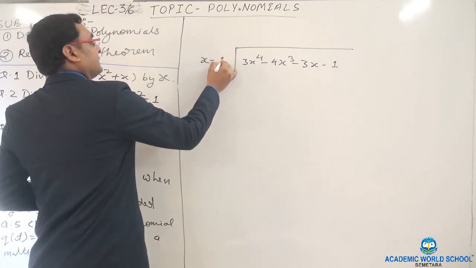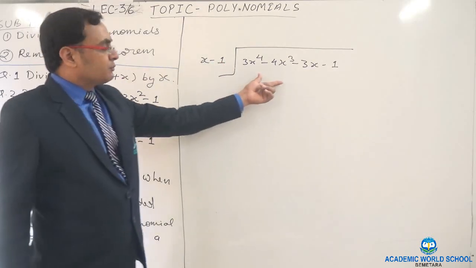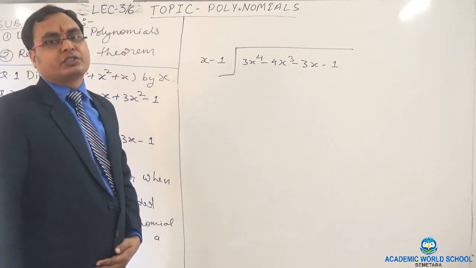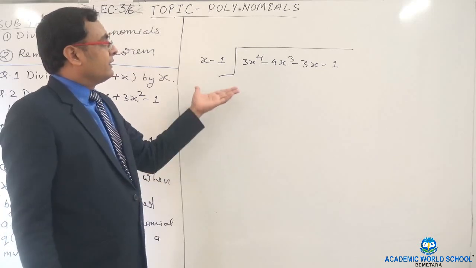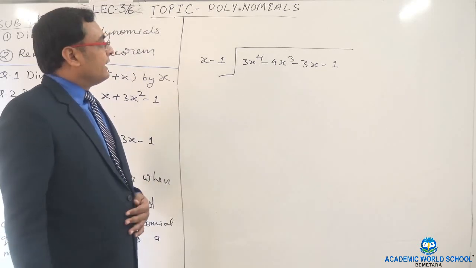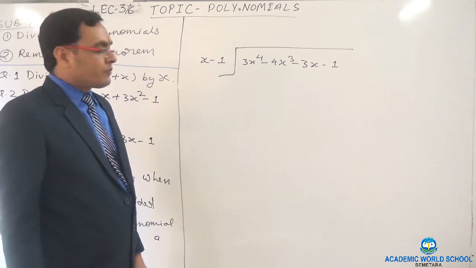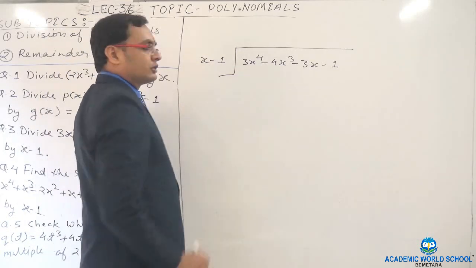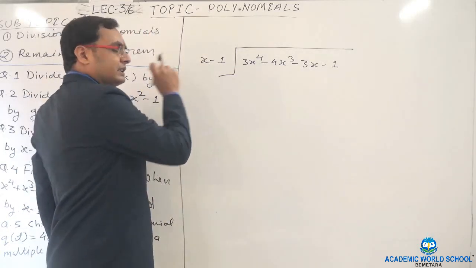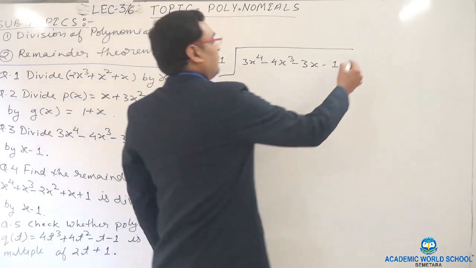Look at here, both these polynomials are already in standard form, so we have written them as it is. Again we divide as we have done earlier. This first term 3x to the power 4 will be divided by this first term x. How will we divide?